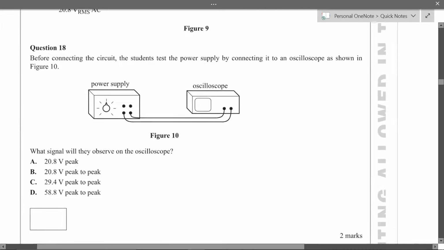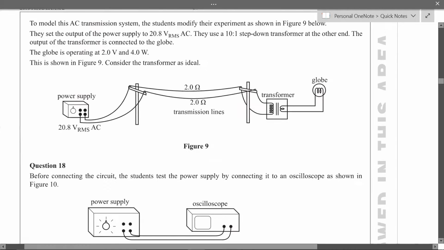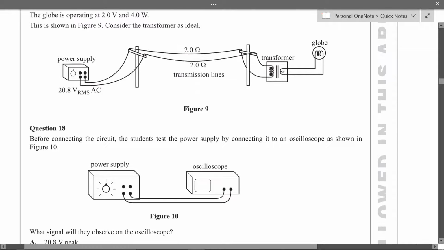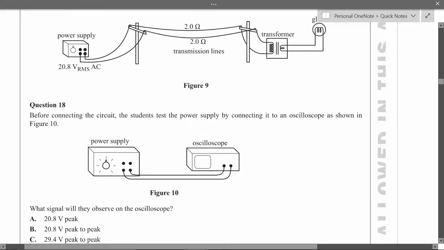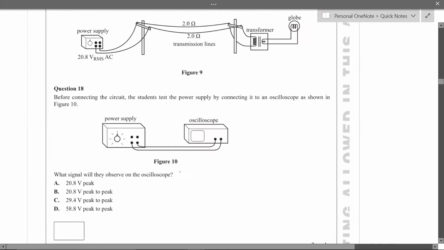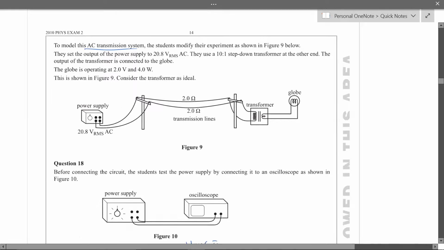So question 8. There's an AC system and they modify it, so now there's a transformer and they're testing the power supply and connecting to an oscilloscope. What's the signal they will observe? Since this is AC, the voltage they gave us was RMS, and that was 20.8.